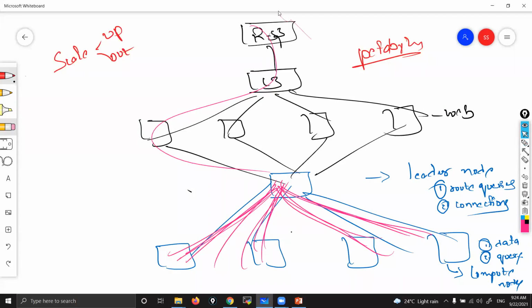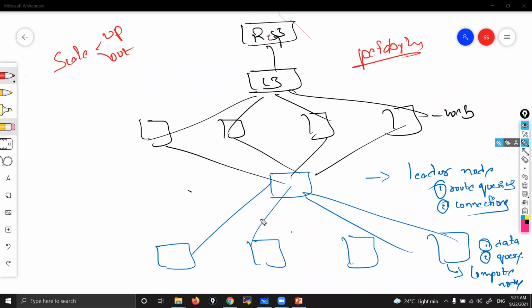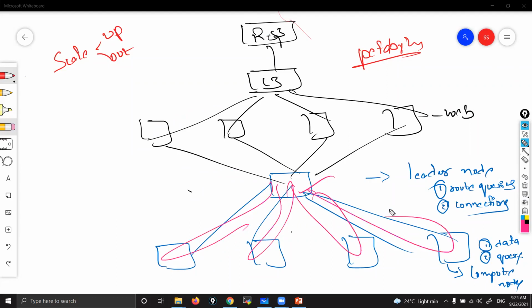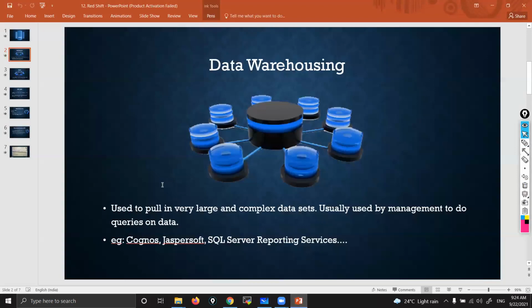You can think of it as an alternative to Hadoop. It can distribute data simultaneously, and always makes sure there won't be any delay while running query operations. That is how it is going to work. Okay, let me show you.